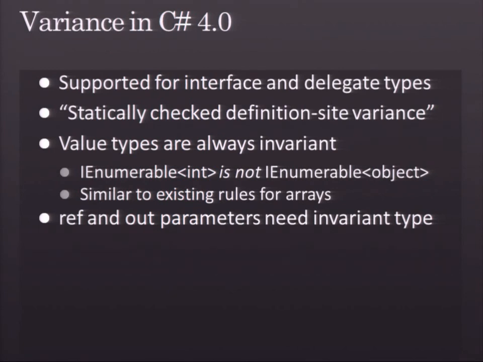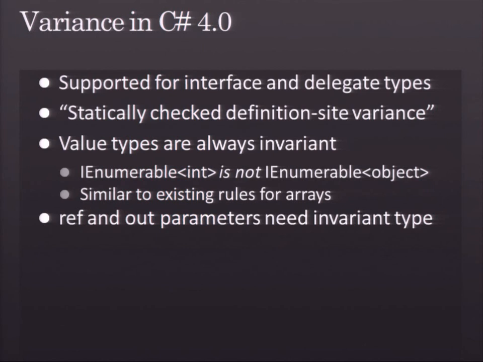I think the technical term here is statically checked definition site variance. There are other systems that have co- and contravariance, like use site co- and contravariance, as in Java with wildcards. Value types are always invariant, and this has been true of arrays ever since the beginning of .NET.